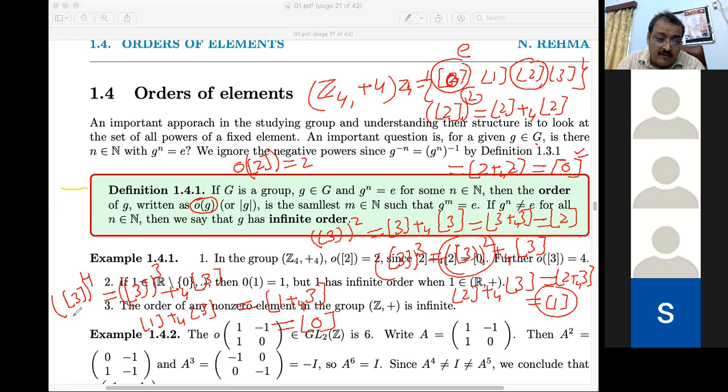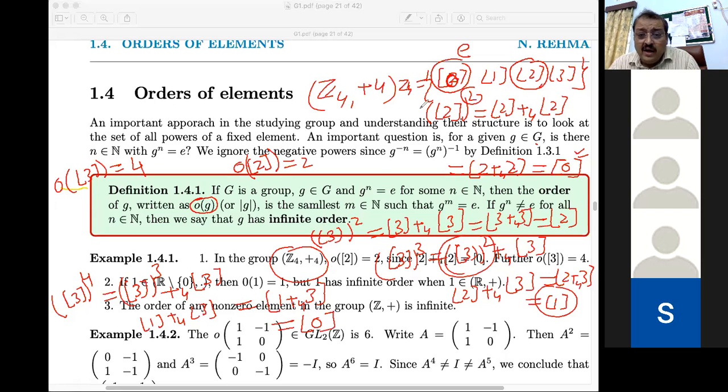So 3 to the power 4 is coming to 0, that means equivalence class of 3 to the power 4 is equal to the identity element. So we can say that the order of equivalence class of 3 in this group is 4.